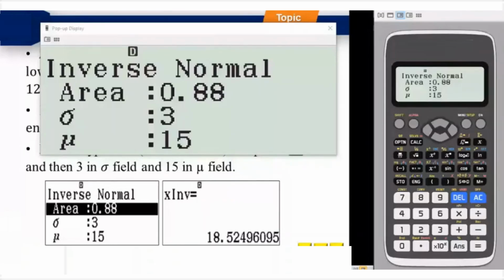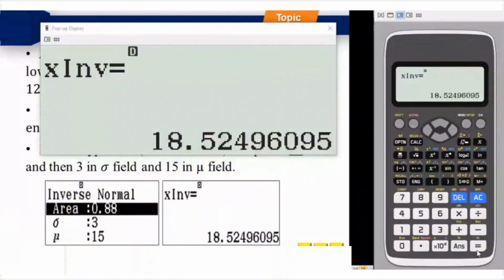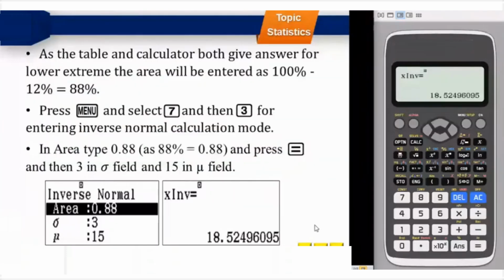The standard deviation is same, that is 3. Mu is same, that is 15. And your answer is 18.5249. I hope this answers the question. I hope you are clear with how to solve normal distribution through the calculator.